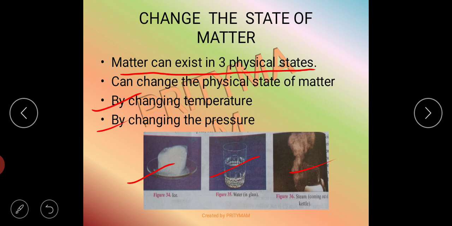And when we say that we can change the state of matter by changing the pressure, we mean that it can be changed by increasing the pressure on it, means by compressing it, or by decreasing the pressure on it.